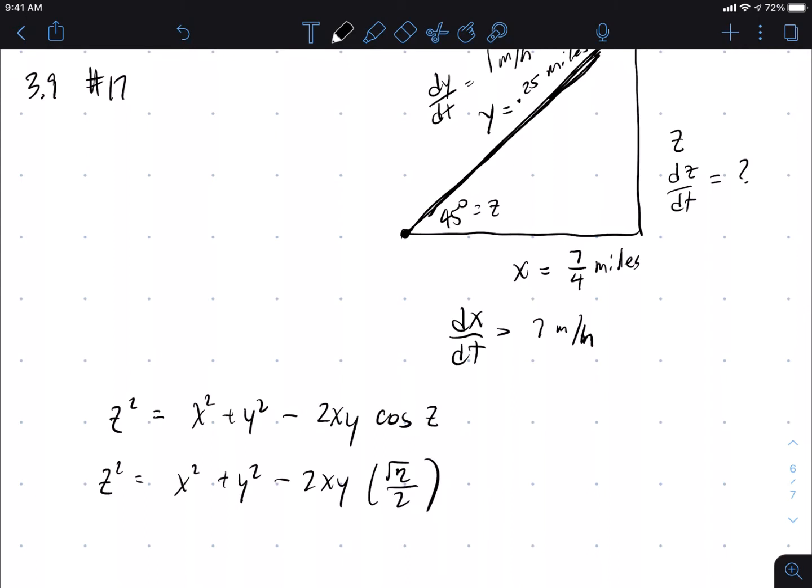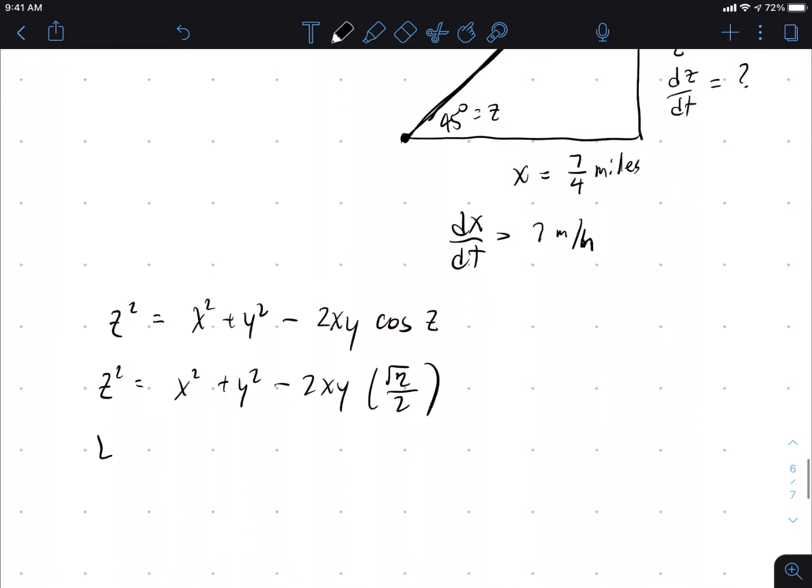We just did that, right? Okay, so I'm going to get z squared is equal to x squared plus y squared minus radical 2xy. We all right?